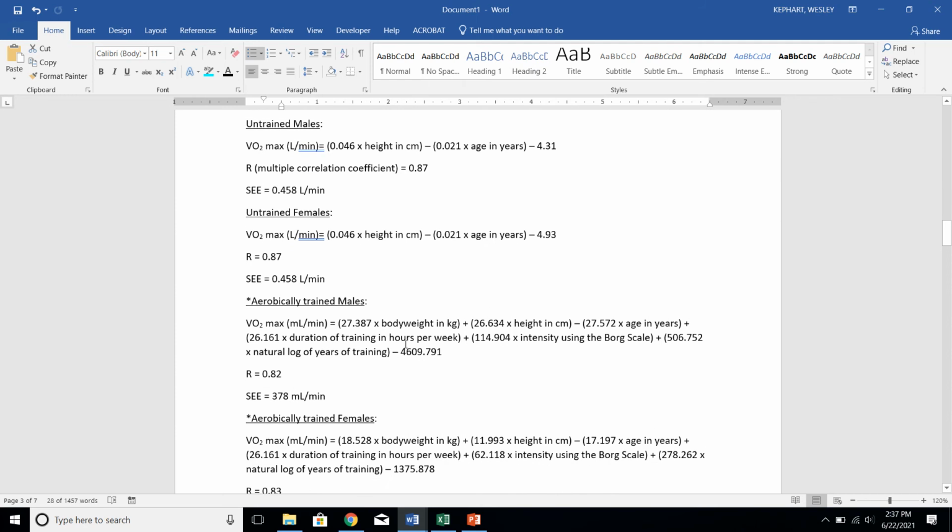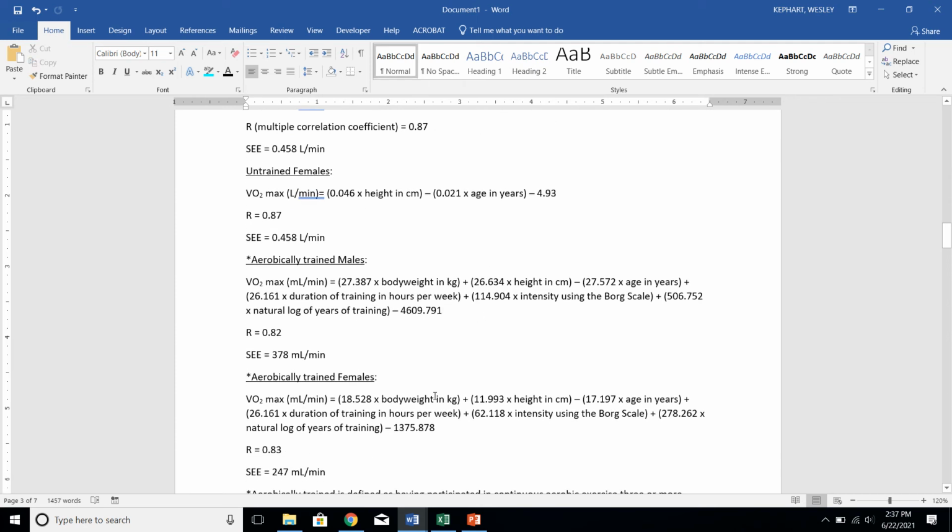These ones are a little bit more busy, so I'm hoping that if you're doing this on yourself that you're trained. Because I just hope that everyone trains more than I do. These are actually measuring milliliters of oxygen per minute, not milliliters of oxygen per kilogram of body weight per minute.